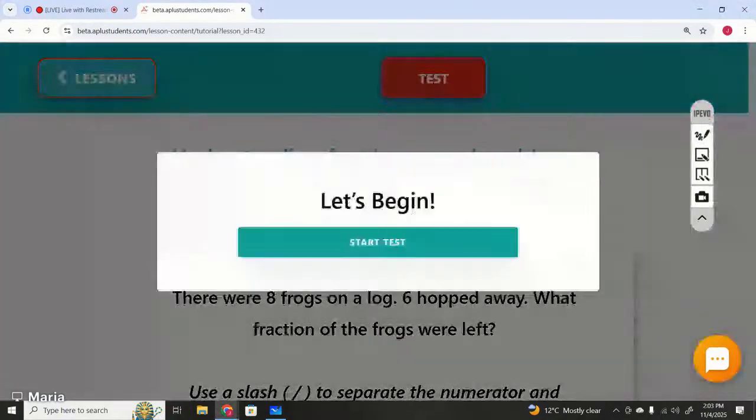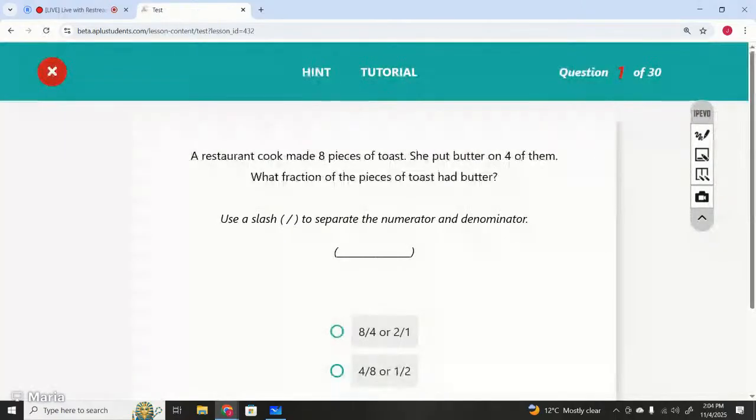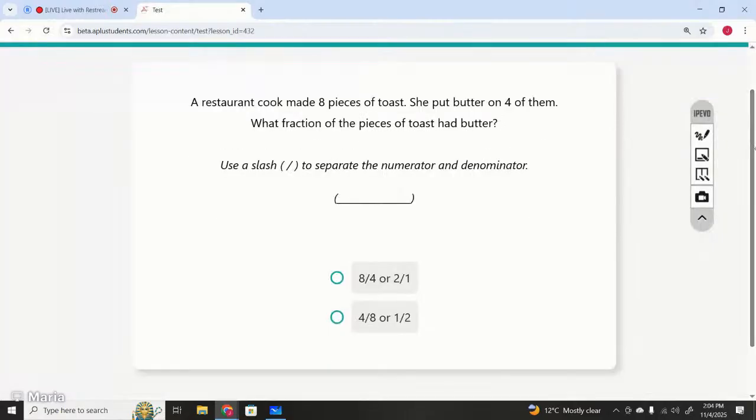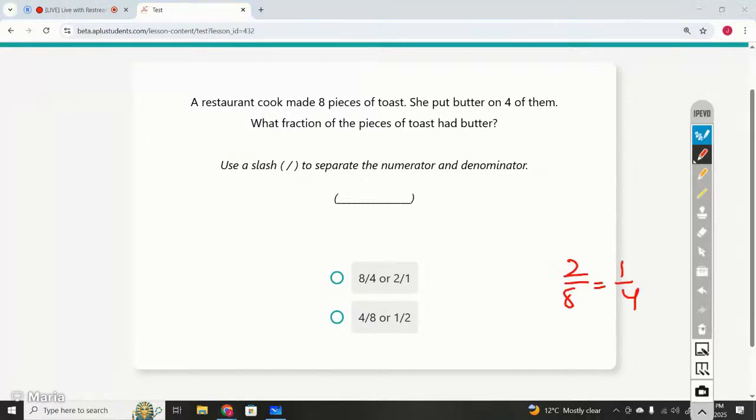Okay, let's just start with the test questions. A restaurant cook made 8 pieces of toast. She put butter on 4 of them. What fraction of the pieces of toast had butter? So the total pieces are 8. 4 of them have the butter, so that is 4 out of 8, right?